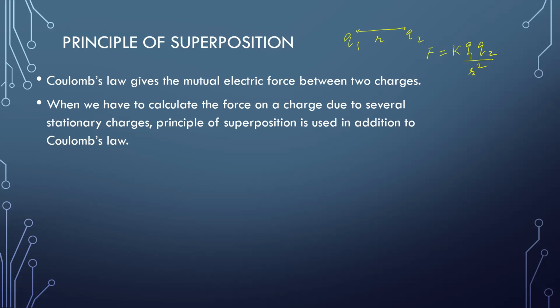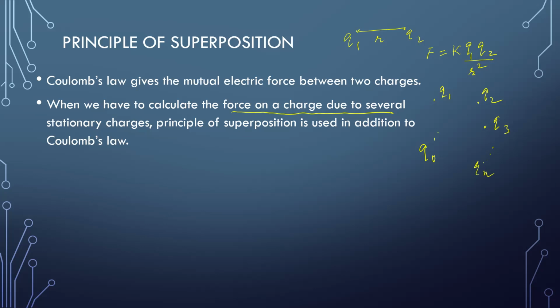But in case we have more than two charges, then the principle of superposition is used in addition to Coulomb's law in order to find out the force on a particular charge. So when we have to calculate the force on a charge due to several stationary charges, there is a charge, let's say Q0 here, but there are several other stationary charges, Q1 here, Q2 here, Q3 here. Let's say there are n number of charges and Qn is somewhere here, right?